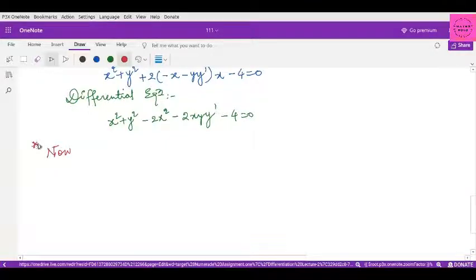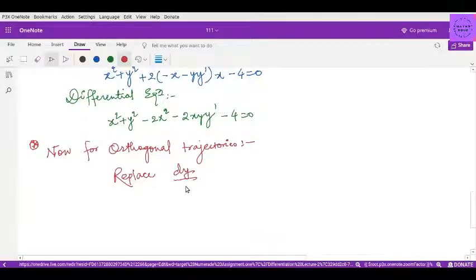Now, this is the most important point: for orthogonal trajectories we have the condition, that is, replace dy upon dx with minus dx upon dy.